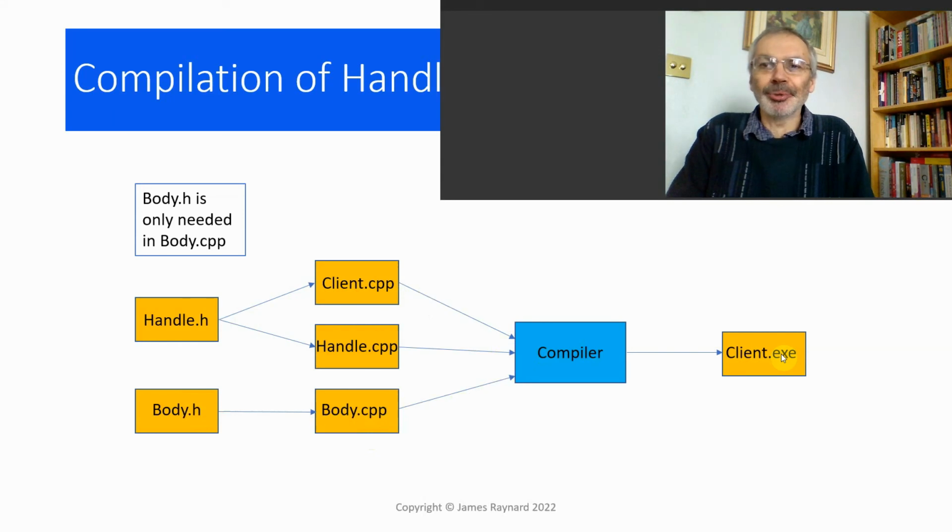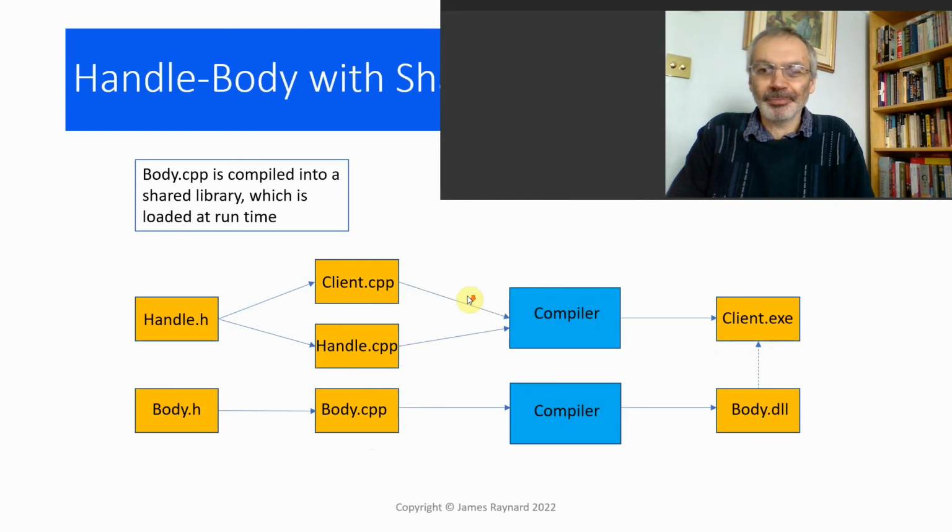There is actually something called dynamic linking, which allows us to take this one step further. In dynamic linking, we compile the body code into its own shared library. So that's a shared object in Unix terms, a DLL in Windows terms. And then when the program runs, the program binary will load up the code from this library.